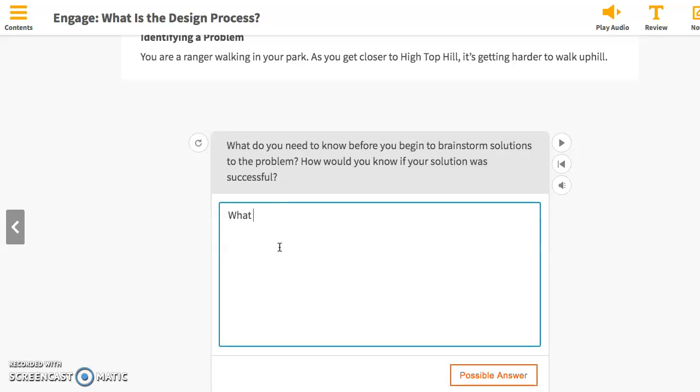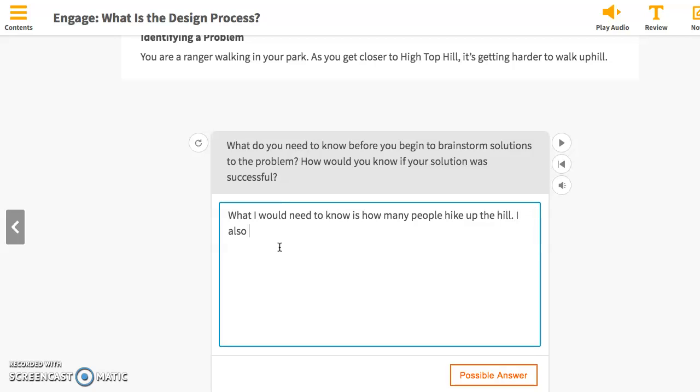So what I would need to know is, you're thinking about, I've got to create something that makes it easier to get to the top of the hill and hike, right? So what I need to know is how many people hike up the hill.